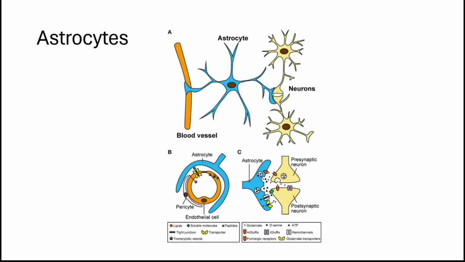Now, astrocytes are the most abundant type of cells, most numerous. There are two types of astrocytes that you come across. One would be the protoplasmic, which is a branched short cell that is present mostly in the gray matter.